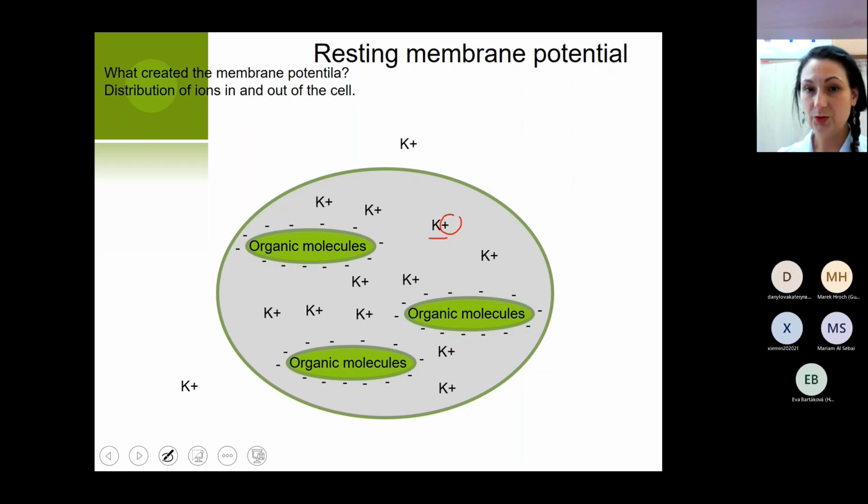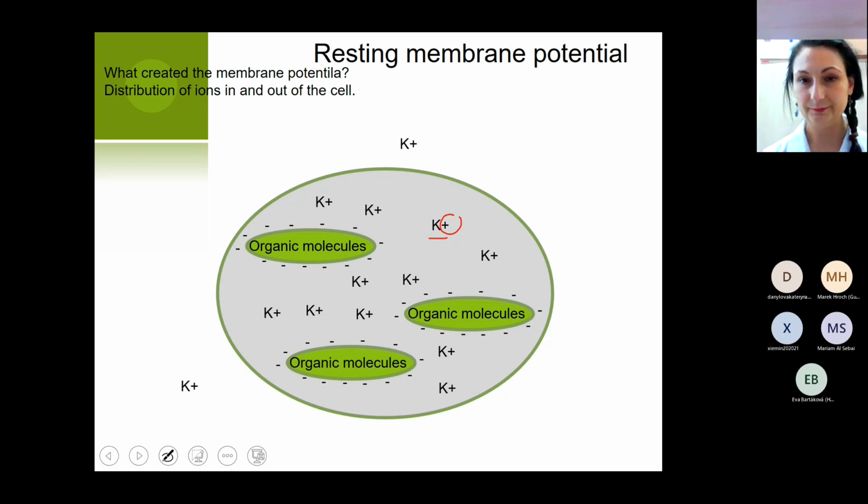On the other hand, because of the higher concentration of potassium inside the cell, there is a big concentration gradient, which really forces potassium to come out of the cell. Normally, without the stabilization of the negative charge coming from organic molecules, potassium would leak outside the cell. However, because of the organic molecules, potassium is captured inside.